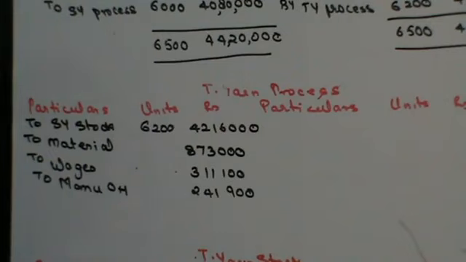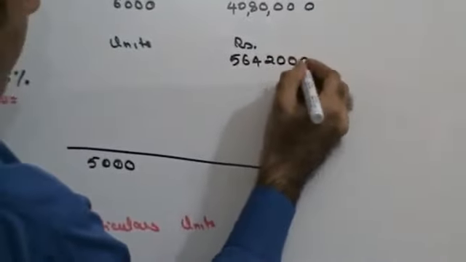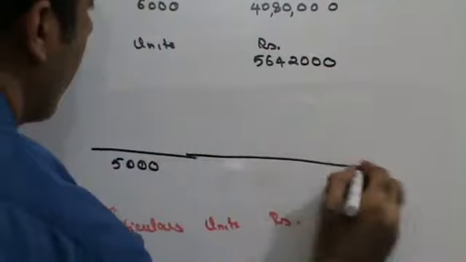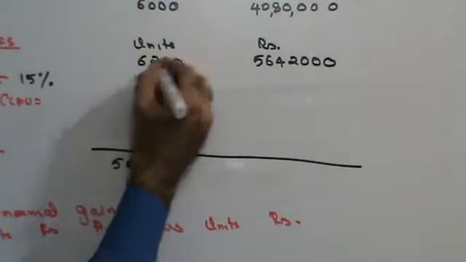When you solve this, that's 42,16,000 plus 8,73 plus 3,11,100 plus 2,41,900. You will get 56,42,000. Right?